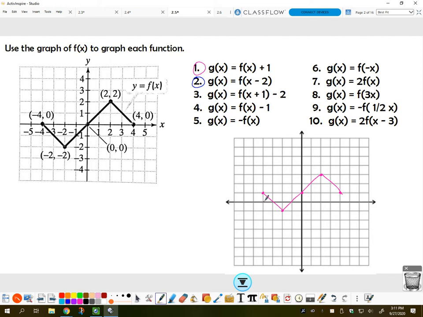So negative 4, 0 slides over to negative 2, 0. 2, negative 2 slides over to 0, negative 2. 0, 0 slides over to 2, 0. 2, 2 slides over to 4, 2. And 4, 0 slides over to 6, 0. So again, exact same picture, just slid to the right.